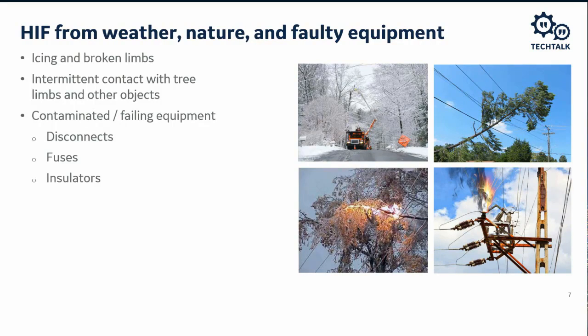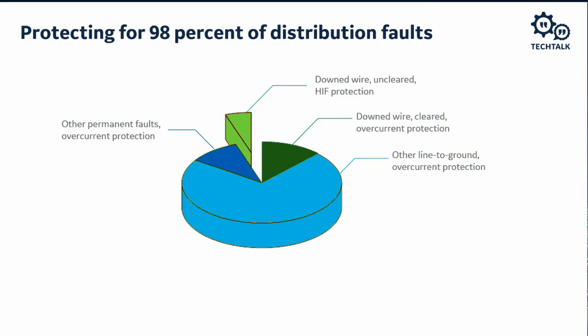When we look at the system overall, regular overcurrent elements cover about 90% of distribution faults, including some downed wire events. However, some downed wire events have a large impedance to ground and go undetected. These are the HIFs, and those are shown there in light green. For these high impedance faults, modern relays employ high impedance fault HIF detection to protect people and prevent fires.